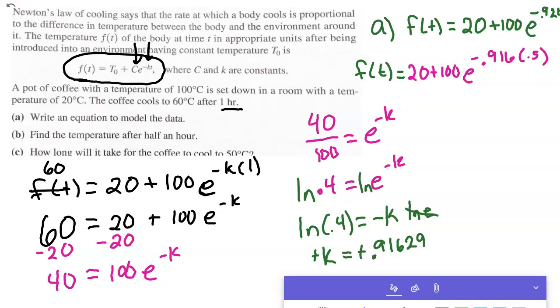And you just get a calculator out and type that thing in. I encourage you to do that. Make sure you know where that stuff's at. And so after half an hour, if you type all that in, you should get approximately 83 degrees.